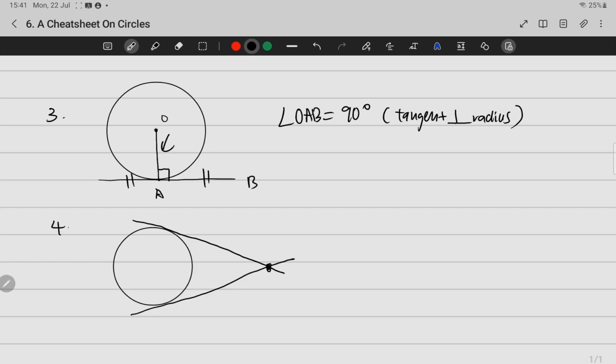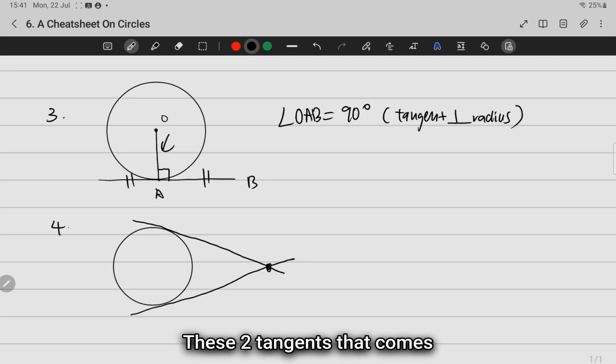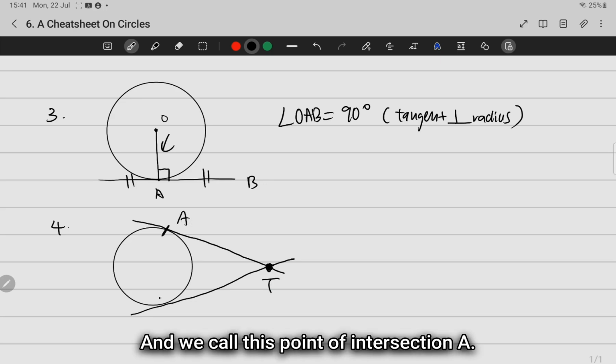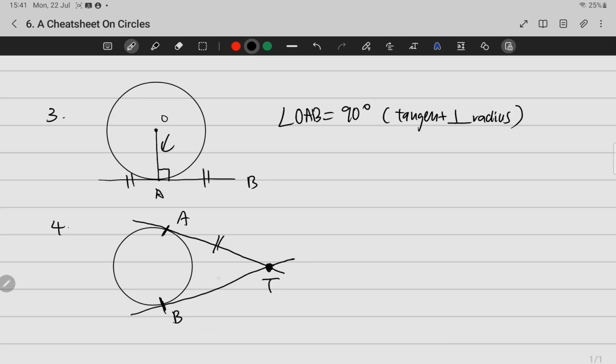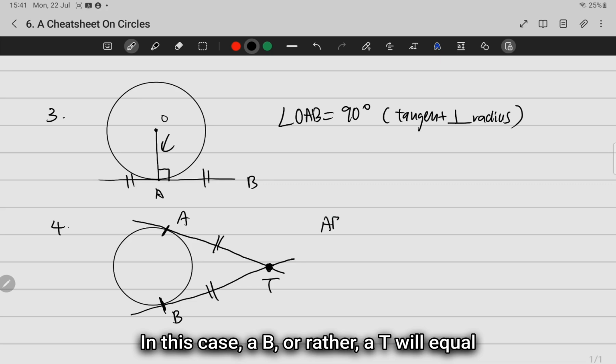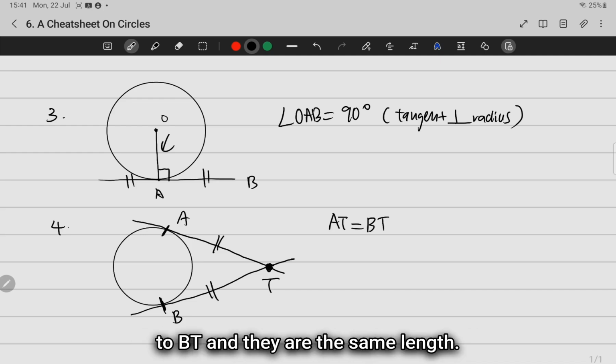Let's name this external point T, and we call this point of intersection A, and we call this intersection B. In this case, AT will equal BT, and they are the same length.